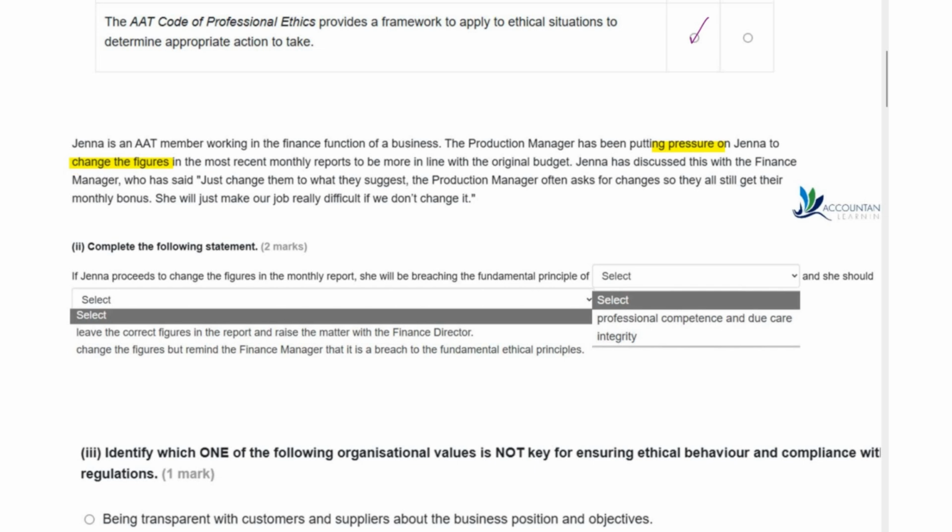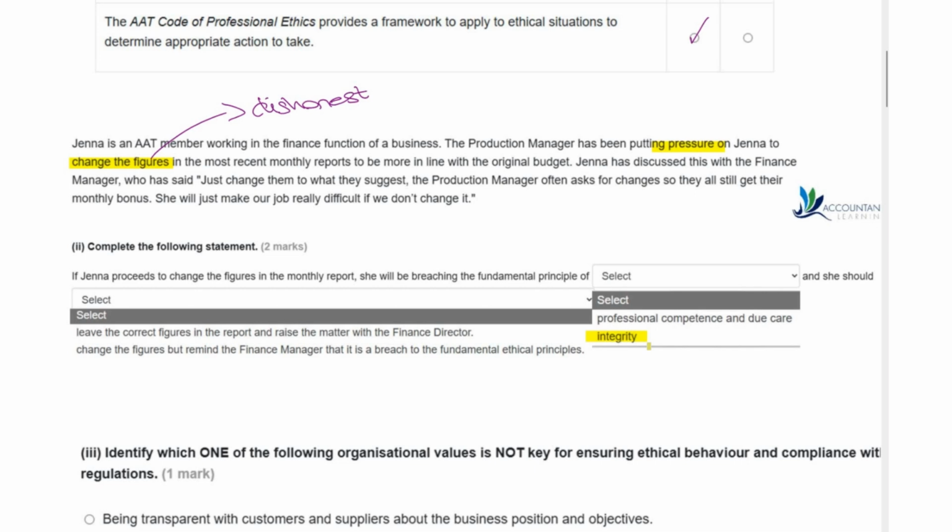So because we are looking at changing figures, this is then being dishonest about what has happened in that particular month, so therefore it would be our integrity that will be breached.